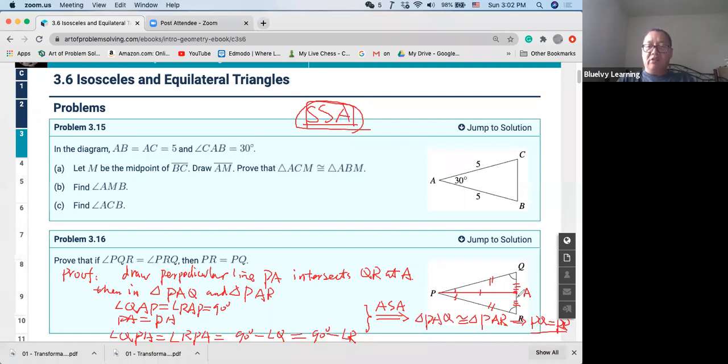The correct way is to draw a perpendicular line PA intersecting QR at A. Then you use angle-angle-side, or you can also use angle-side-angle. Both are valid theorems to guarantee these two triangles are congruent. See, this one is a little bit tricky.